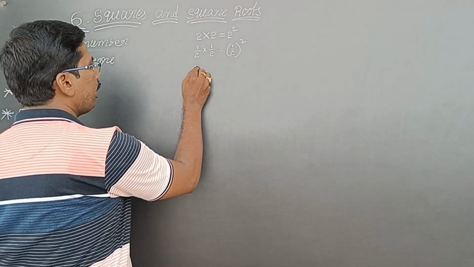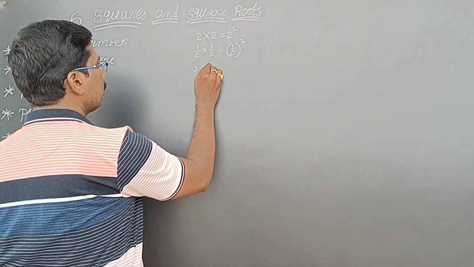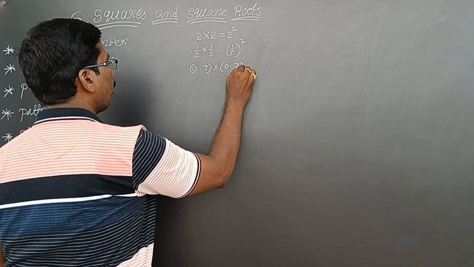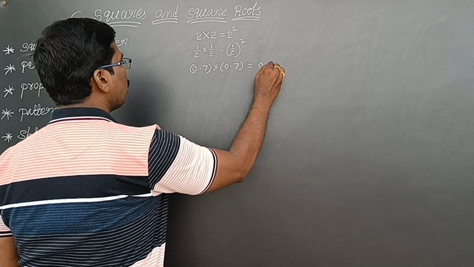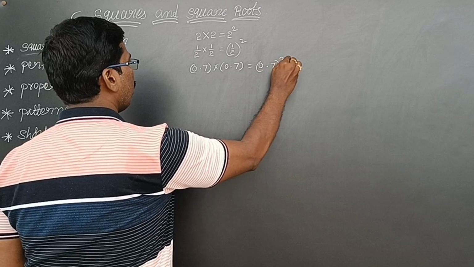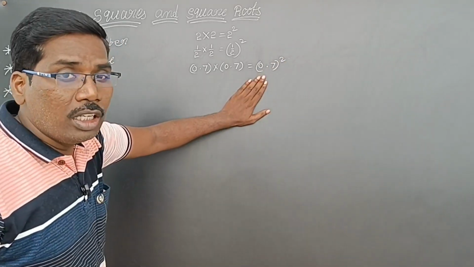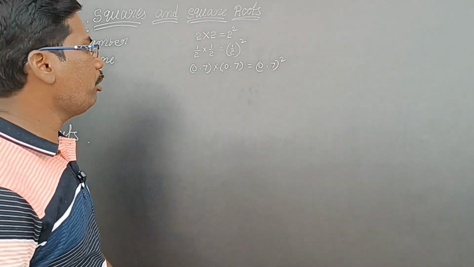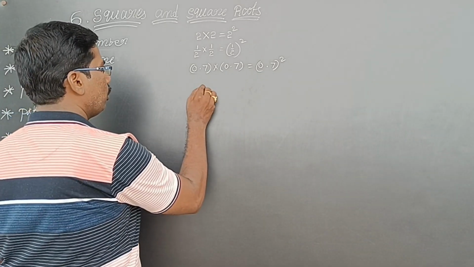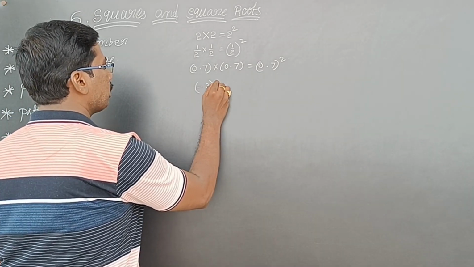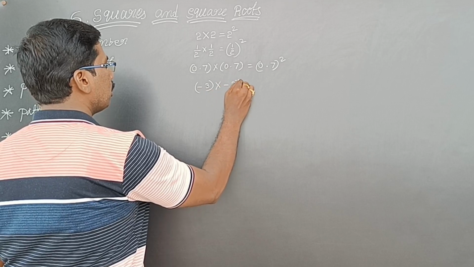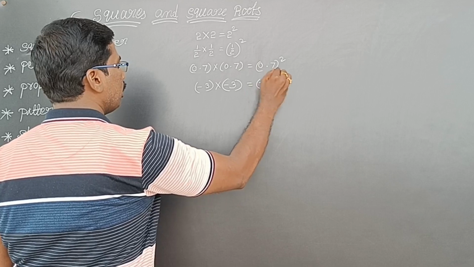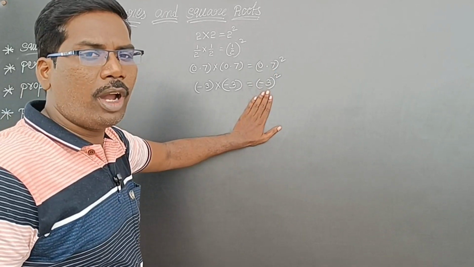For example, taking the decimal 0.7, 0.7 into 0.7 is 0.7 whole square, called the square of 0.7. Now I can take minus values also, no problem. Minus 3 into minus 3 is minus 3 whole square, which is nothing but the square of minus 3.